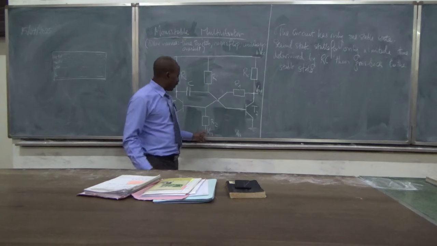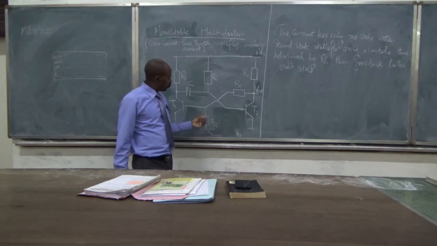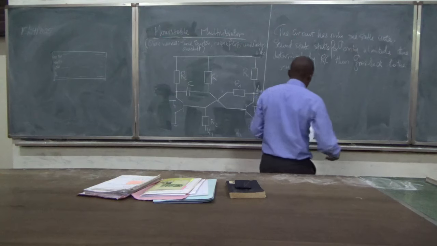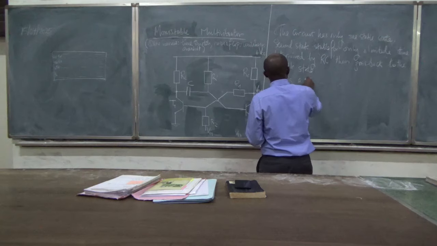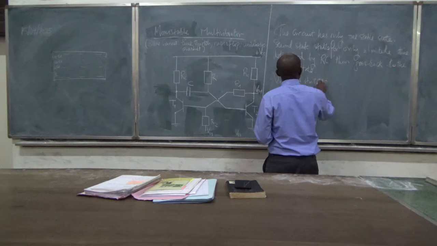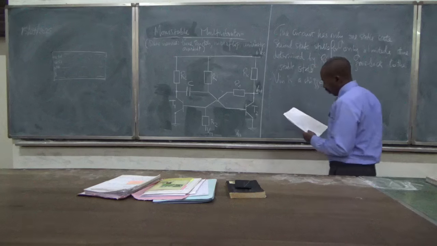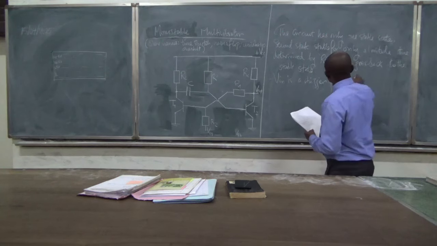Now, the V in here is to trigger your circuit. V in is a trigger pulse of short duration.